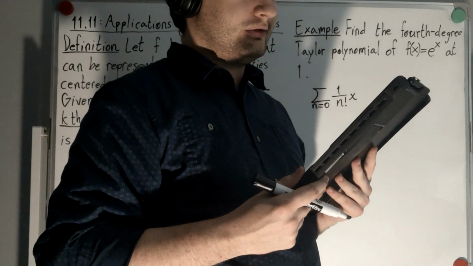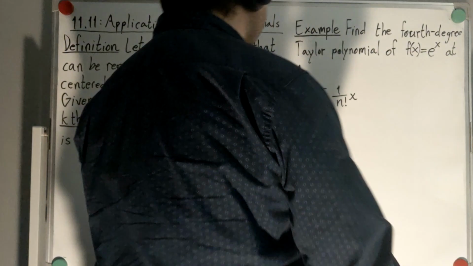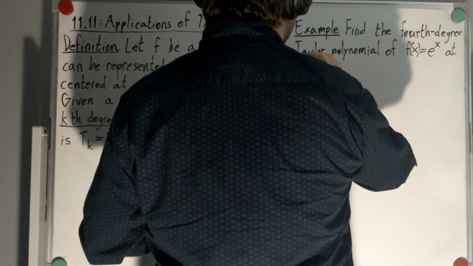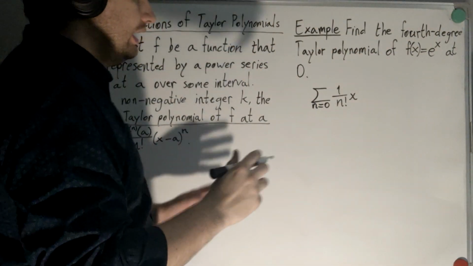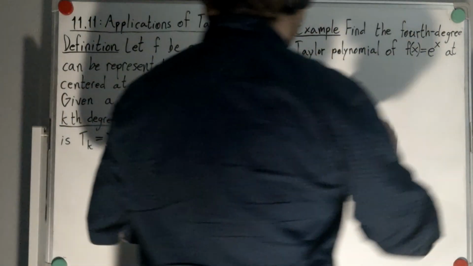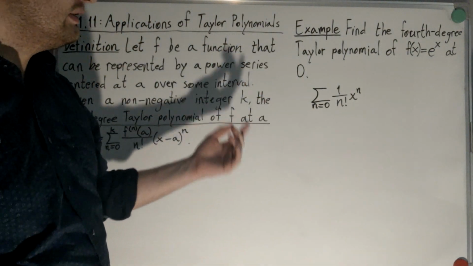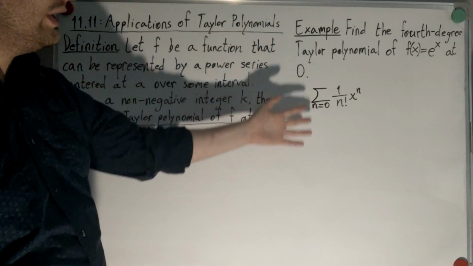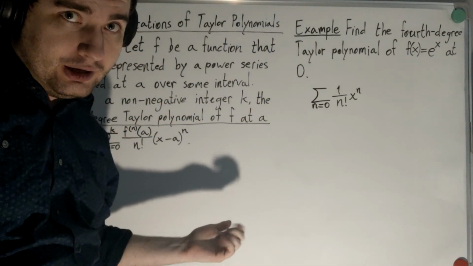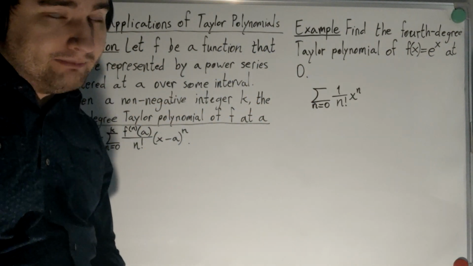I've made a mistake in my notes. Okay, sorry about that. What we actually want here is the Taylor polynomial at 0. Anyway, as I was saying, if you were to take the Taylor series centered at 0, that would be the sum from n equals 0 to infinity of 1 over n factorial x to the n, right? It's the first example that we did last time.